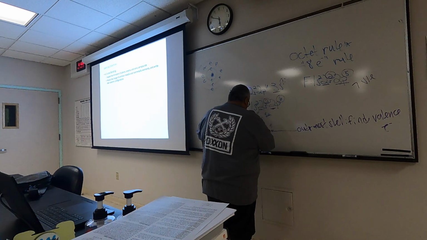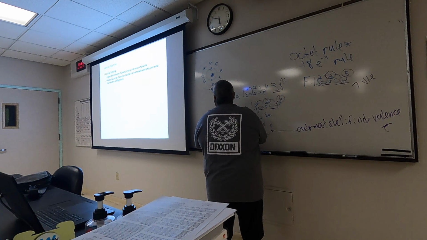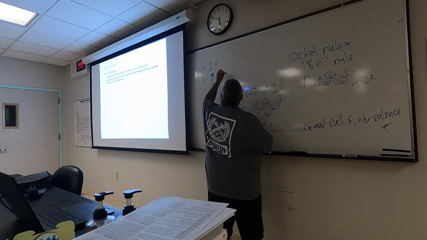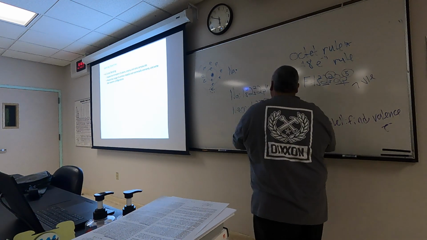So here is our 1 valence electron for sodium. So this is sodium with its 1 valence electron.